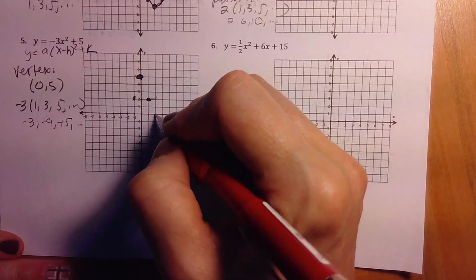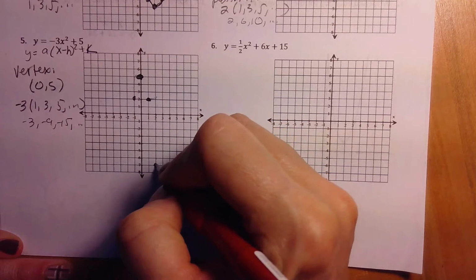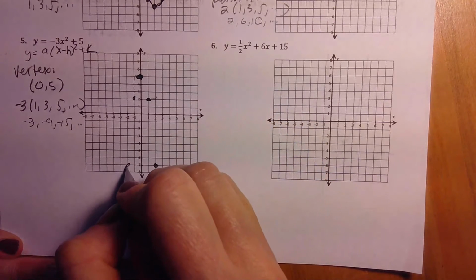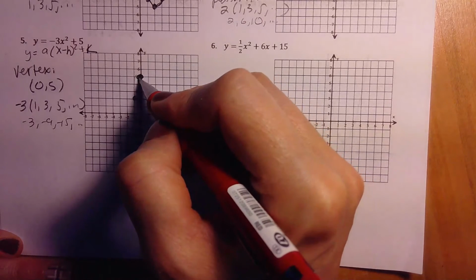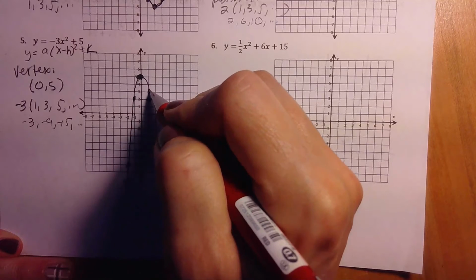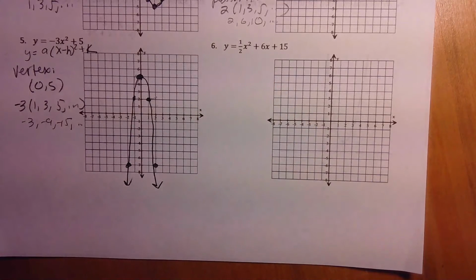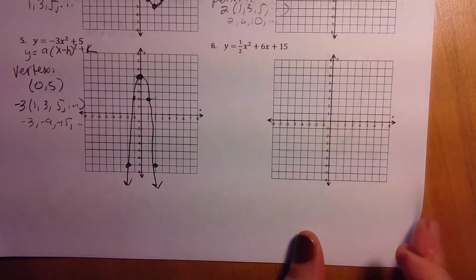So there's, all right, and this has made it much narrower, if you can see. So proper fractions make it open wider. Narrow, improper fractions or whole numbers make it open narrower. All right, and then last one.